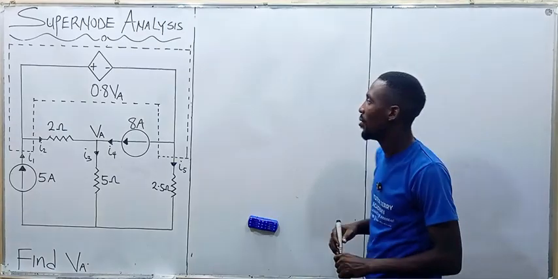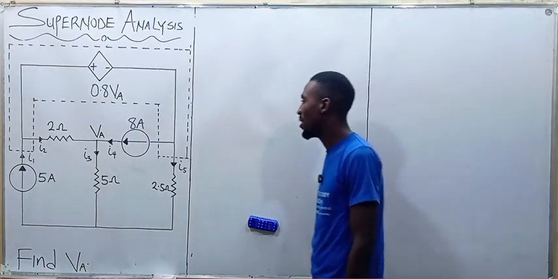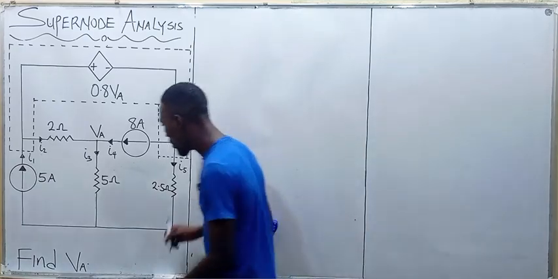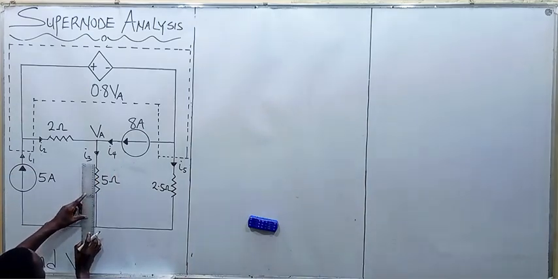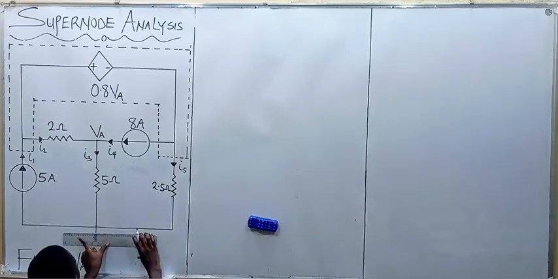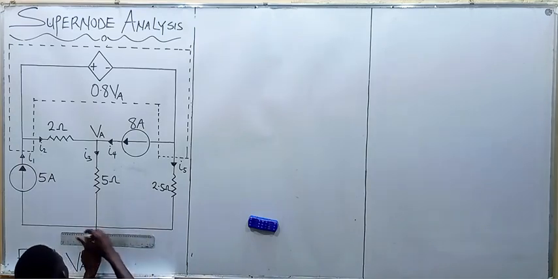All right, now we are going to apply KCL to the supernode. But before we do that, let's ground it. Let's put our reference node here. Okay, so let's have a reference node.